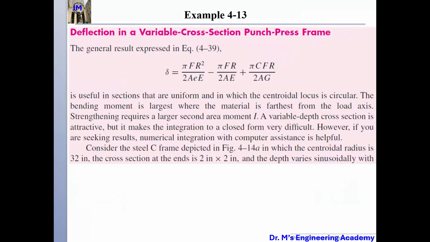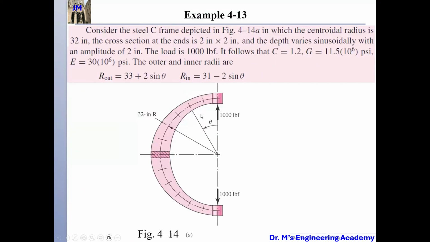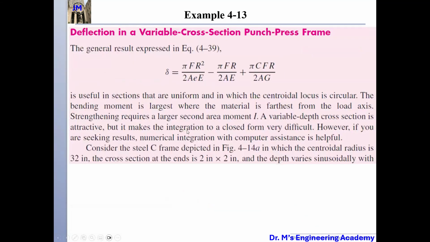So here is an example, the deflection in a variable cross section, the punch stress frame. For this example I will not go through it, but I want you guys to know that here is a punch. You can just take a look.